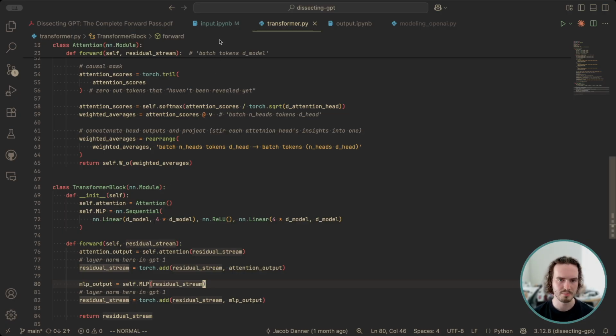And so the multi-layer perceptron is just a standard feed-forward network. Notably here, we have two linear layers and then a nonlinearity function. And so we're starting with our dimension model, 768, and then the output dimension of this layer is 4 times that.